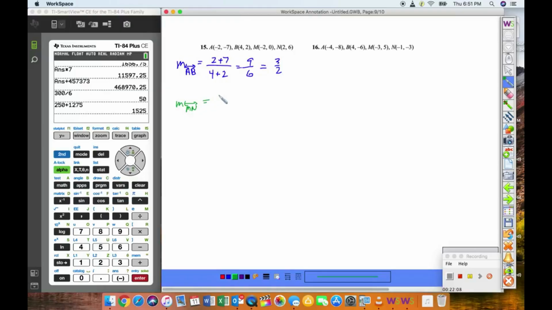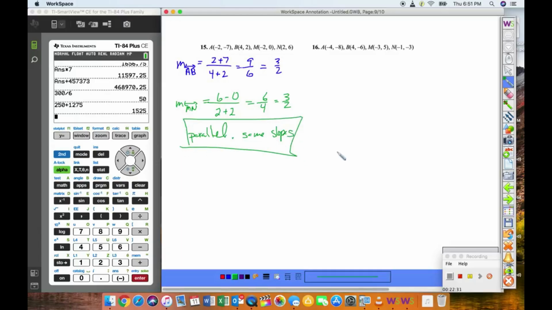That would be 6 minus 0 over 2 plus 2, which is 6/4, which is 3/2. Same slope, parallel. Double the L, parallel. Reason: same slopes. So, only one more problem left. Why don't you pause the video and give this one a try.